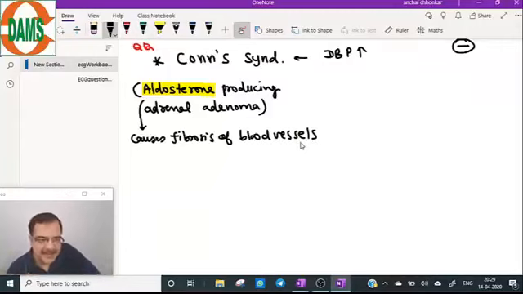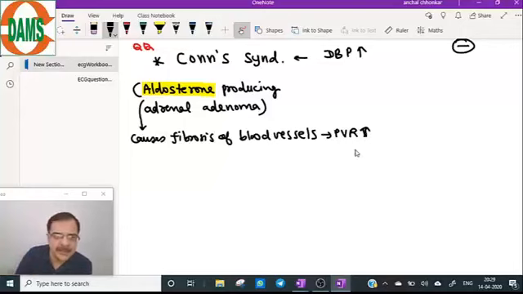Chronic elevation of aldosterone causes remodeling of the heart and remodeling of the blood vessels. It causes fibrosis of the blood vessel, leading to increased PVR, and hence diastolic BP will be high.